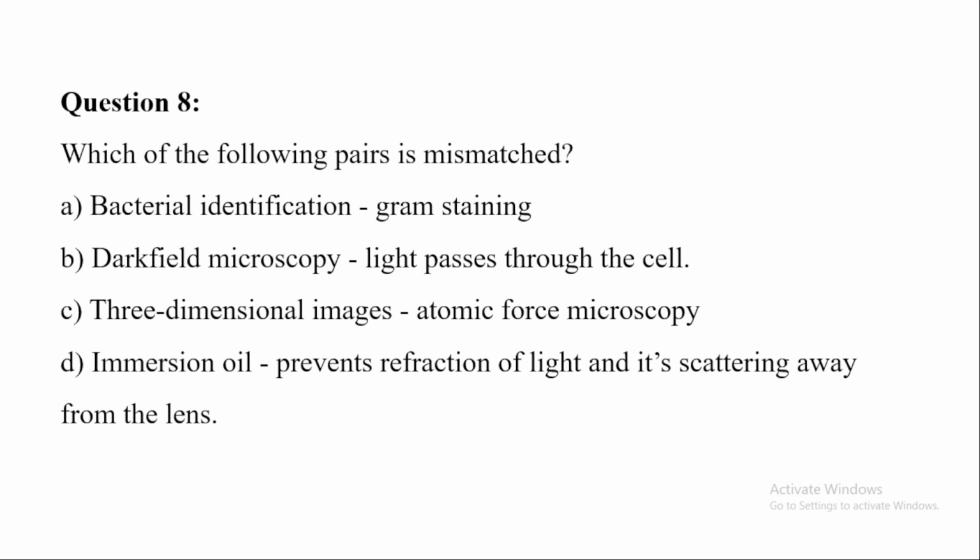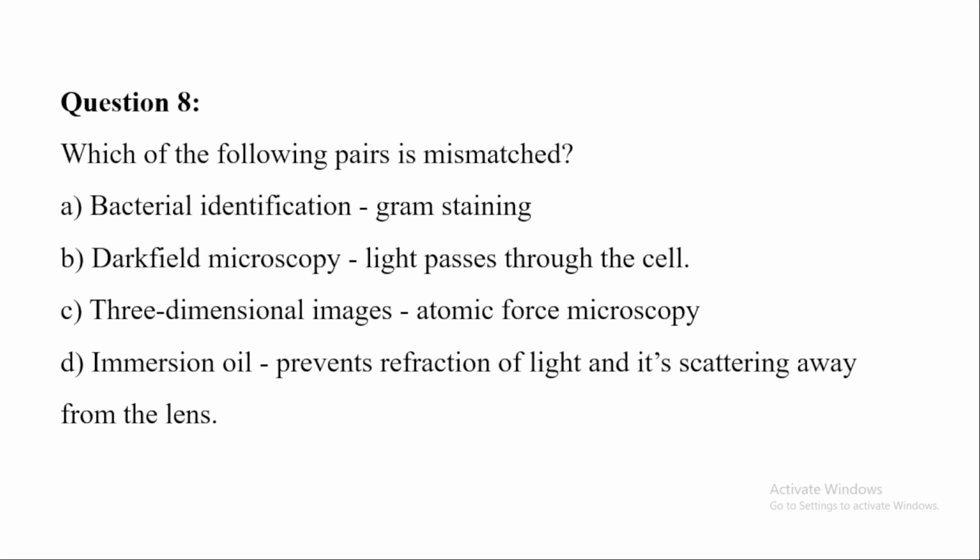Option C is three-dimensional images, which is matched with atomic force microscopy. Option D is immersion oil, which is matched with prevents refraction of light and its scattering away from the lens. So, among the 4 options, which is mismatched, we have to tell.